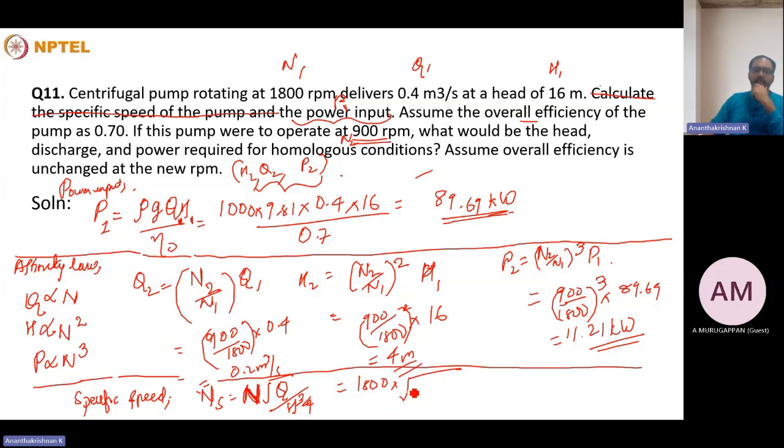We will be getting a dimensional quantity, and using the same dimensions of the speed, discharge, and head, we will be getting a constant for all the kinds of pumps that we use. So Q we can write as 0.4, and H as 16. So the specific speed will be coming around 142.3.